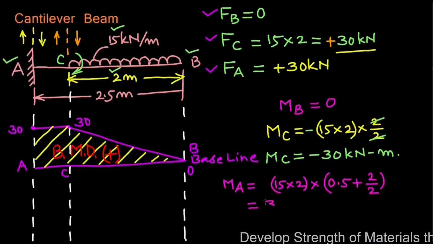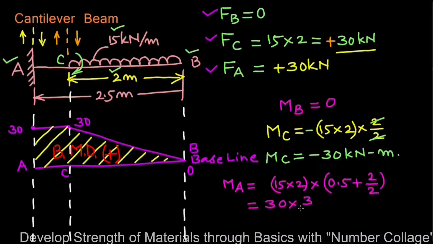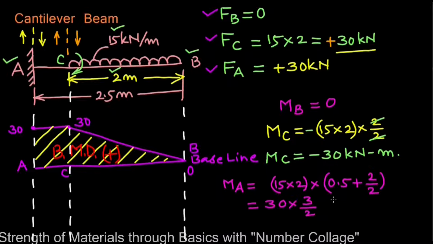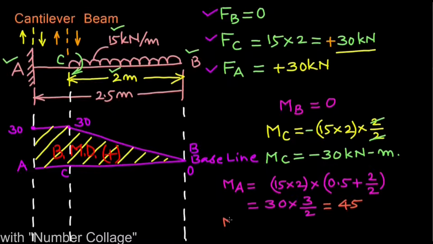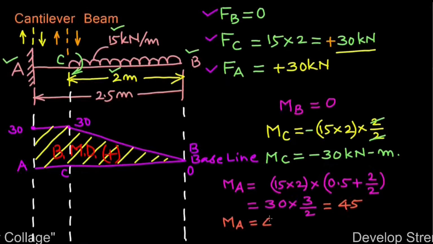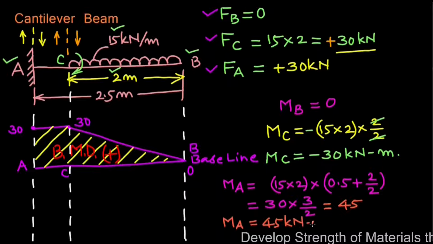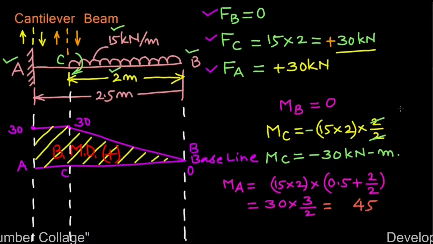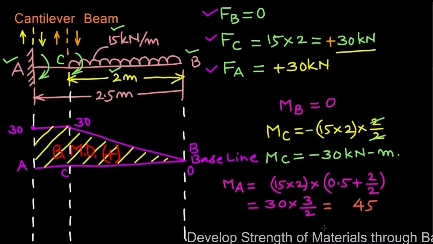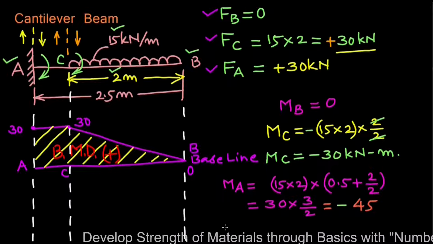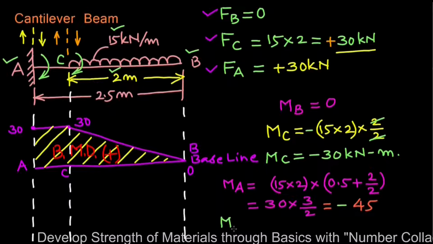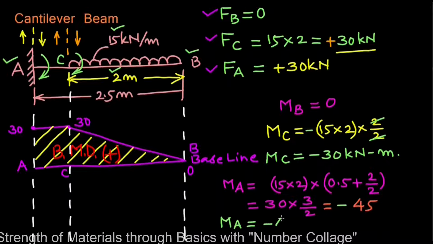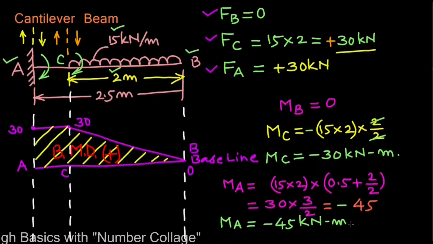So it will be 30 multiplied by 1.5, that will be 45. And since it will give a clockwise moment to the right of point A, it will be negative. So the bending moment at A, MA, will be minus 45 kilonewton meter.